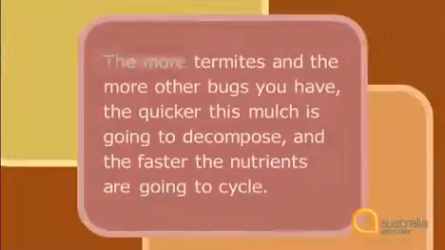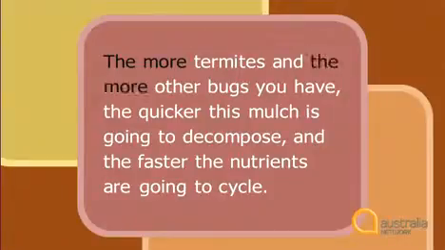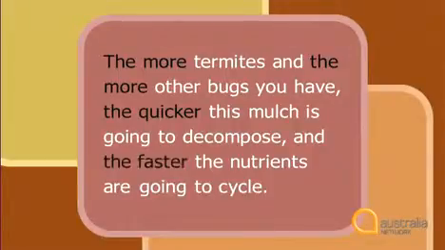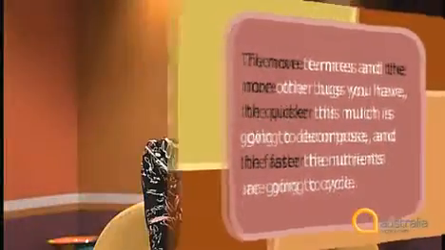She says, the more termites and the more other bugs you have, the quicker this mulch is going to decompose and the faster the nutrients are going to cycle. She is comparing several things that are changing together. Let's see how the basic structure of a comparative expression like this works.